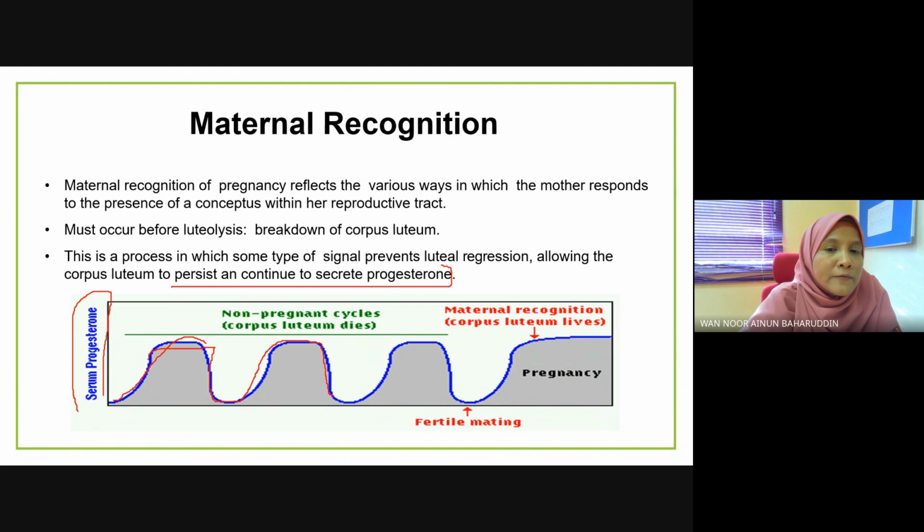But during fertile mating, meaning during pregnancy, because of maternal recognition the corpus luteum will be there and not demolished. So the level of progesterone will remain until the end of giving birth.